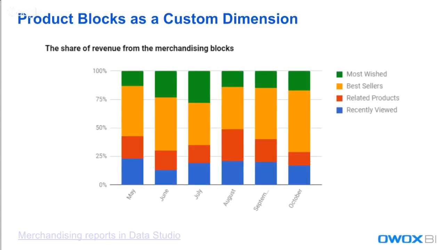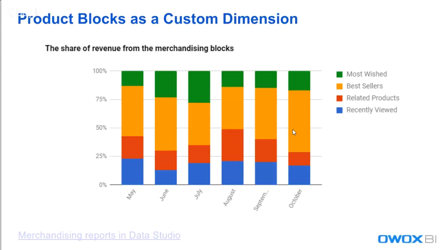What this report tells us is from what merchandising blocks, like most wished or bestsellers, customers buy more often. You can see the tendency, for example, in October the most popular merchandising block was bestsellers, while in August it was less popular. I think that's a nice question to understand why it happened, and what made customers buy from the bestsellers block in October.